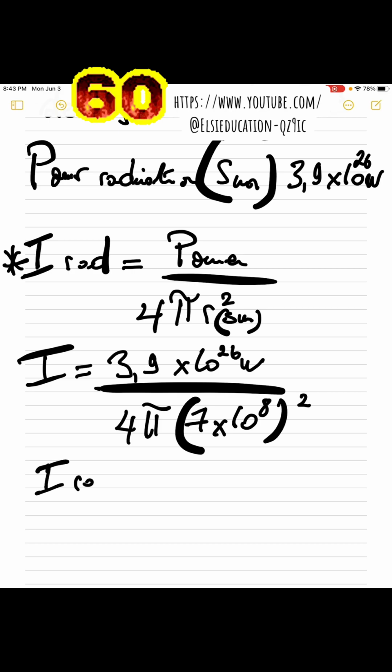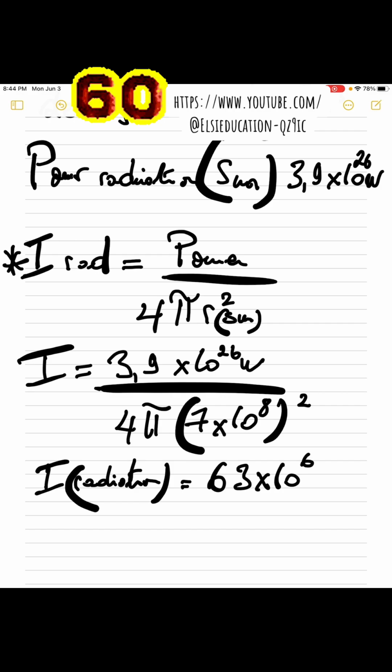So the intensity of radiation will be equal to 63 times 10 to the power of 6 watts per meter squared.